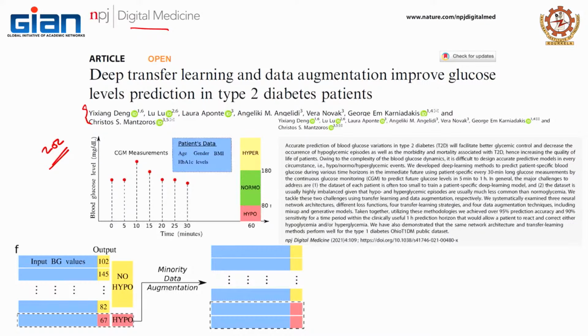They also showed evidence comparing using only the real data without any data augmentation against a mix of real and augmented data, and they show that if you use a mixture of real and augmented data, your classification performance actually improves. So, this is where we start to see the application of generative AI models in the field of diabetes management or closed loop diabetes management.